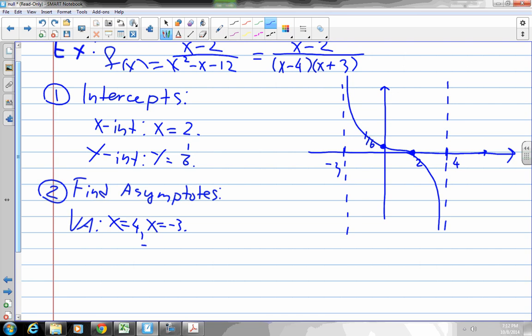Again, the way I know that it's not going to bounce off 2 is because 2 has multiplicity of 1. So every time you see zeros or asymptotes of odd multiplicity, the sign will always change. So the sign of the function went from positive to negative, right? And also, when you pass the asymptote, is my function going to be on the bottom or on the top?